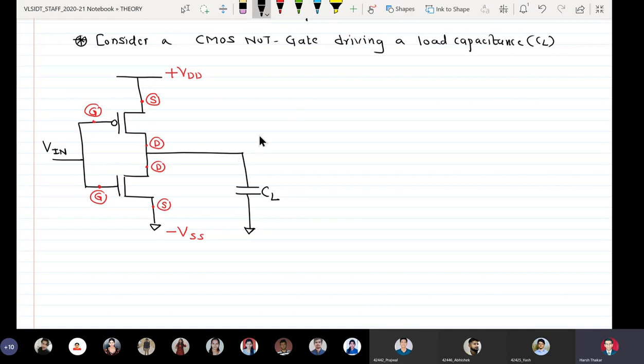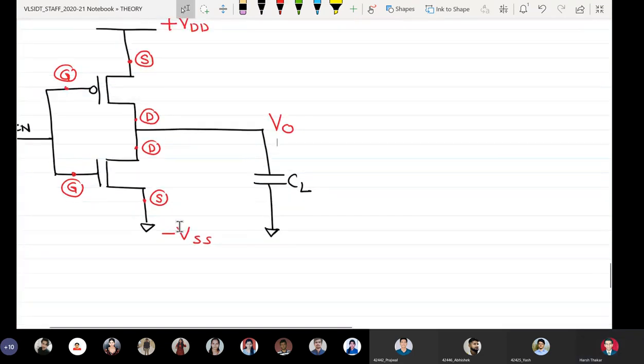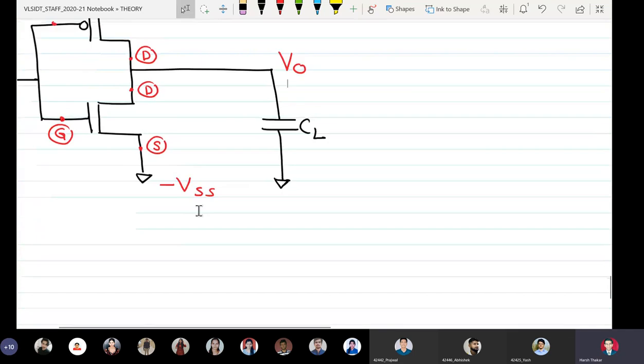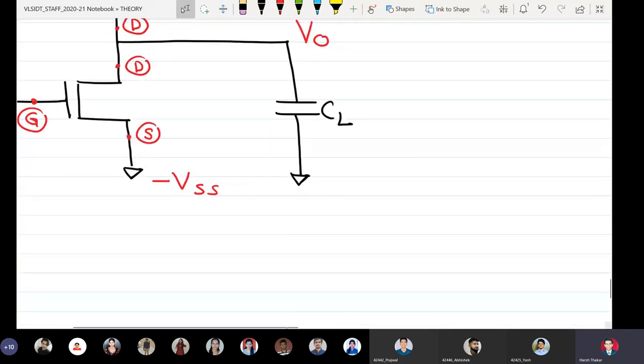So here we have our load voltage VO. Now understand this thing. I'll zoom it and show it to you.